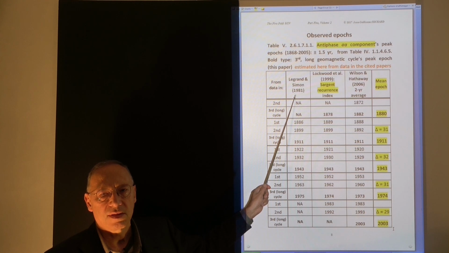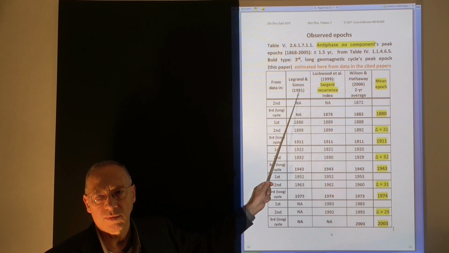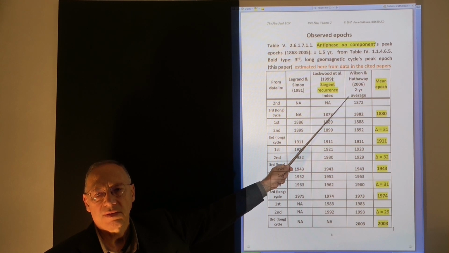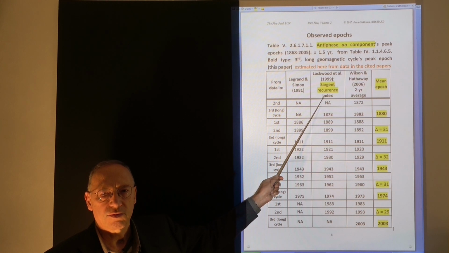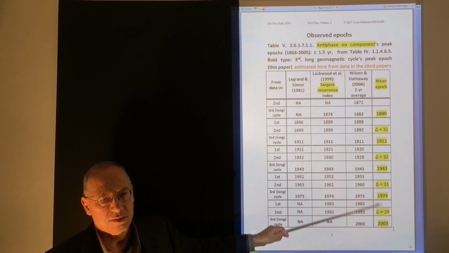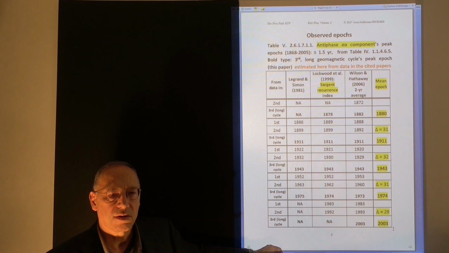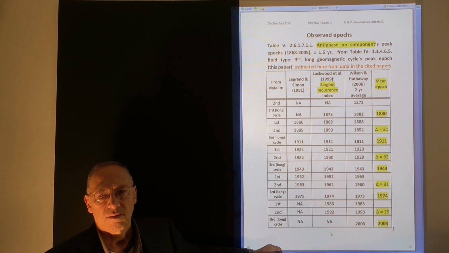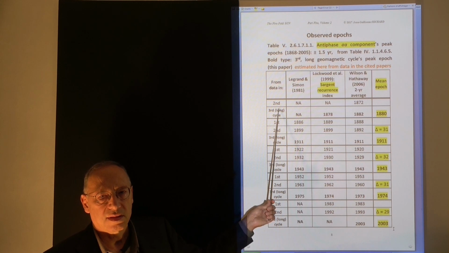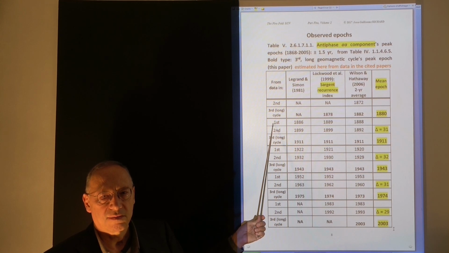We have this direct assessment by Legrand and Simon, also direct assessment by Wilson and Hathaway, and an indirect control through the so-called Sargent recurrence index by Lockwood and his collaborators. We find indeed a series of 3 cycles with the first and second short cycle of about the same length, and the third long cycle.